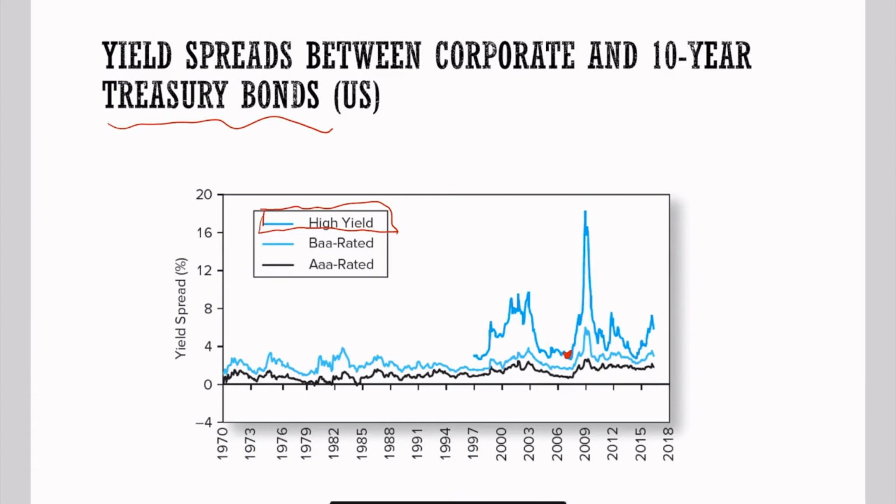During the financial crisis, the yield spread, that is the difference between the yield of high yield bonds and the T-bonds, increased to about 18%. You can imagine that during that time, if you were holding a lot of high yield bonds, you would suffer a lot, because the bond price of high yield bonds would fall a lot.